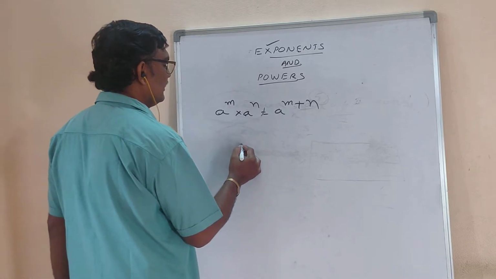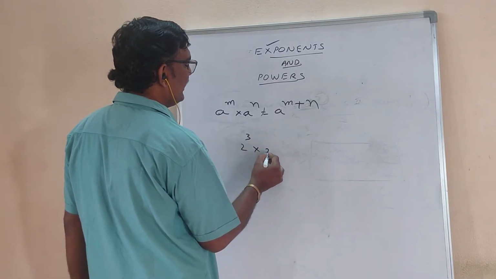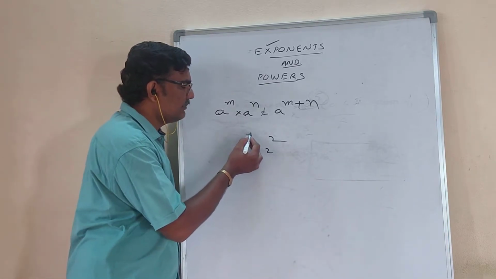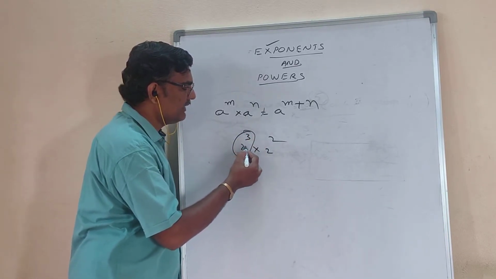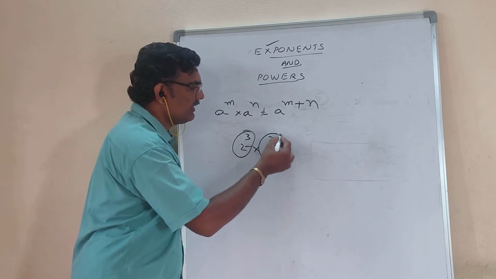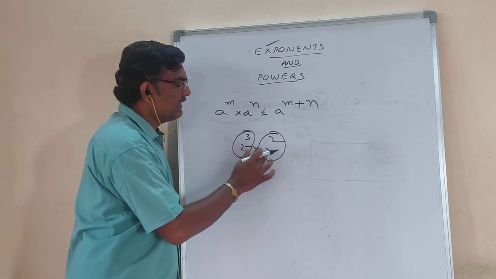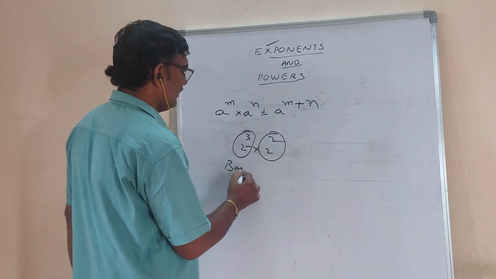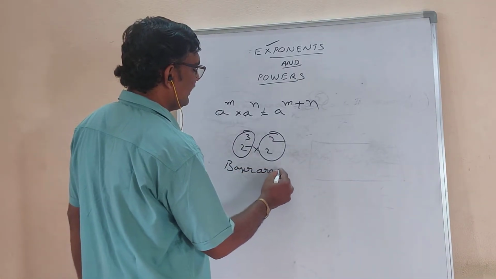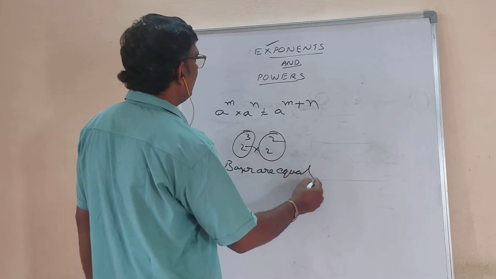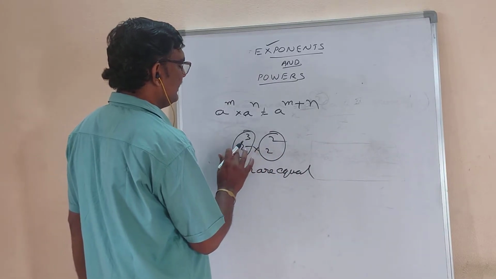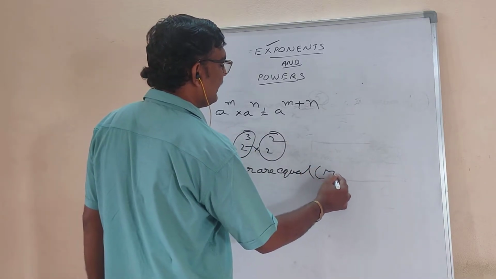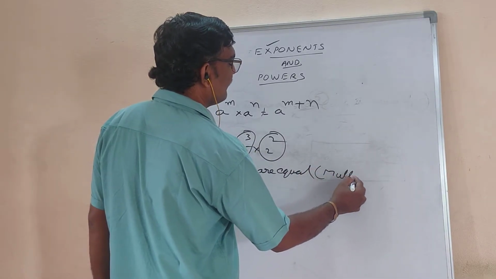If I write 2 cube into 2 square. Now see here, what is the base in this one? The base is 2. What is the base in this one? 2. Bases are equal, and in between this and this, which symbol is there?